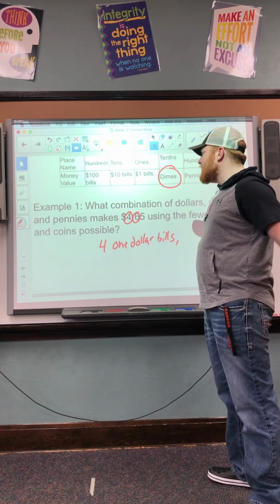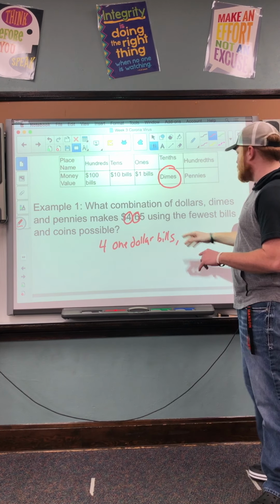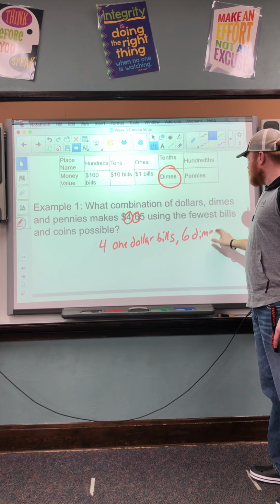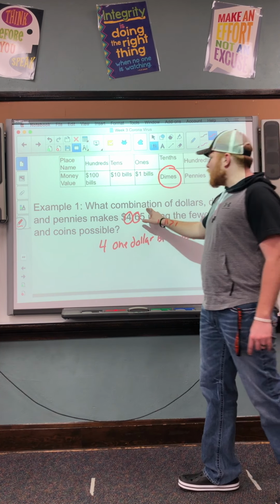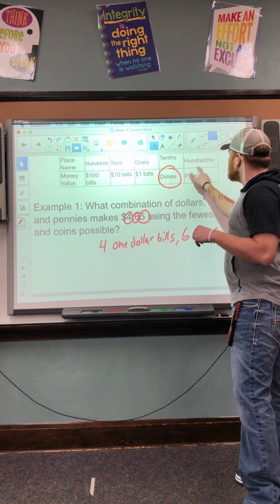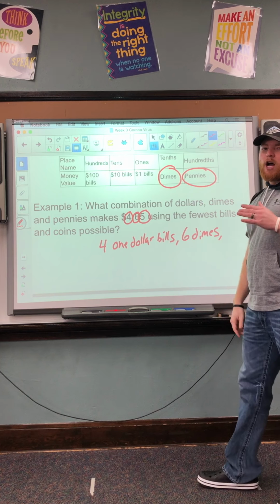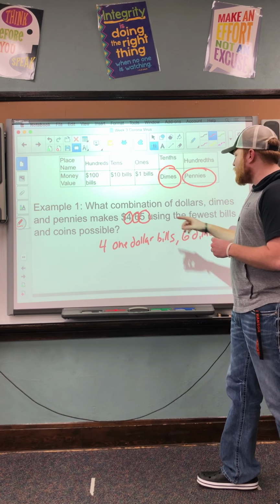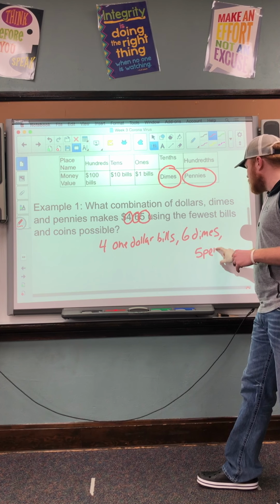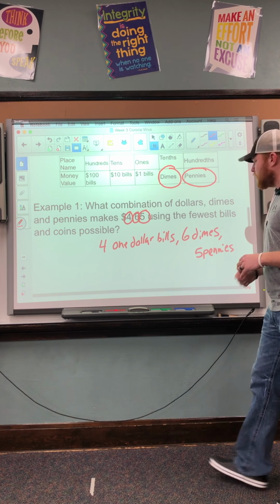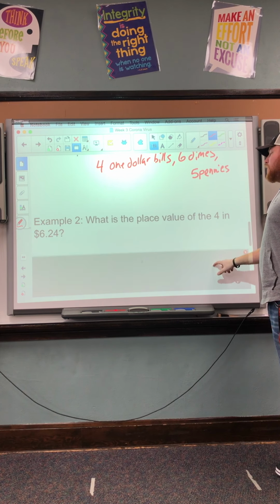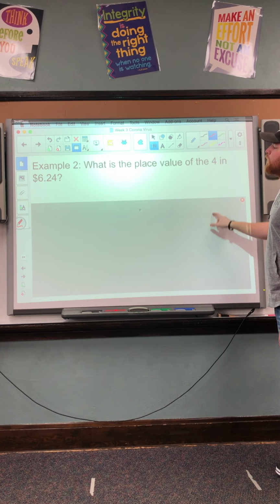Dimes. So how many dimes are we going to need for the tenths place? We're going to need 6 dimes. And then go to the hundredths. What coin represents the hundredths place? The pennies. So how many pennies are we going to need? We'll need 5. So that would be my answer for example 1, the fewest amount of coins possible that are available to us.